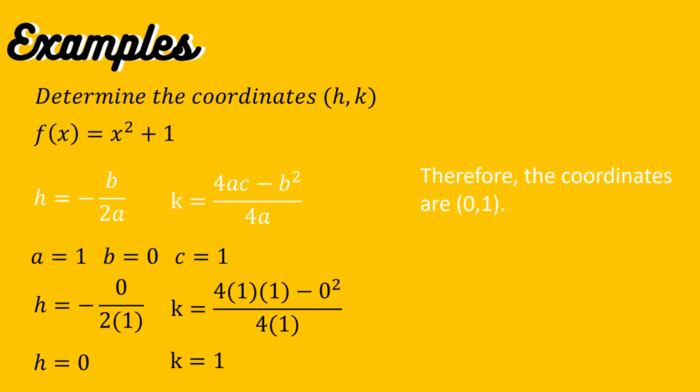Therefore, the coordinates of our equation is (0, 1). So be careful when writing them. Always remember that the first number should be the value of h and the second number should be the value of k.